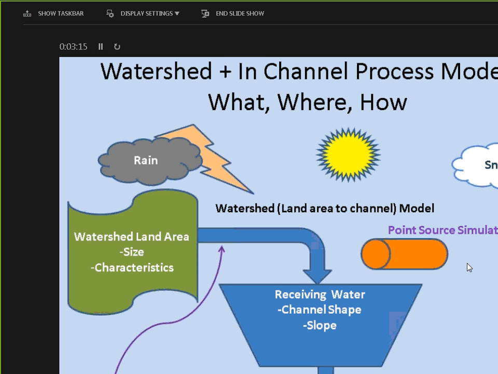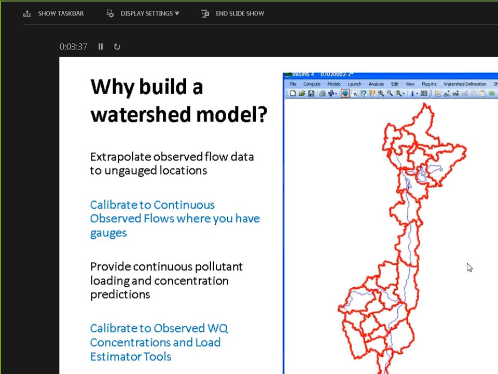It will run off from the land area to the receiving channel, and that's our non-point source simulation. Then we add the point sources, we dump them directly into the receiving reach. Now, most watershed models have some channel routing. HSPF has fairly sophisticated algorithms for in-stream processes.